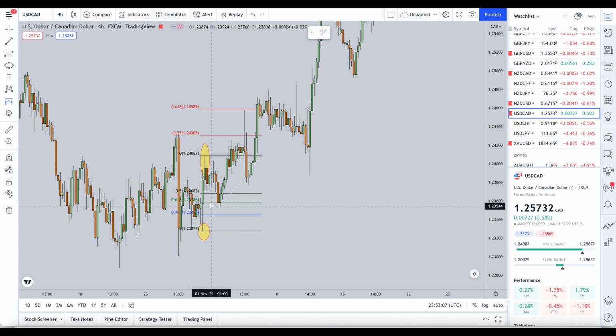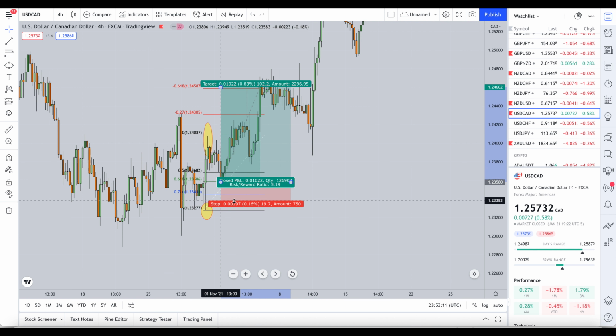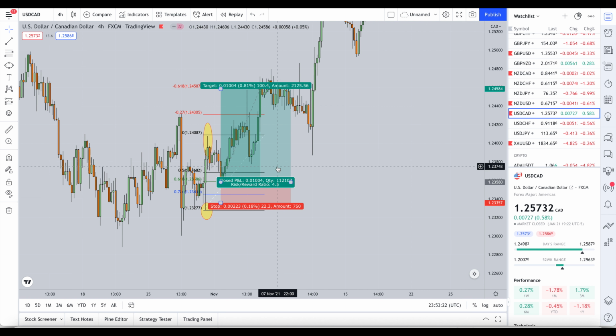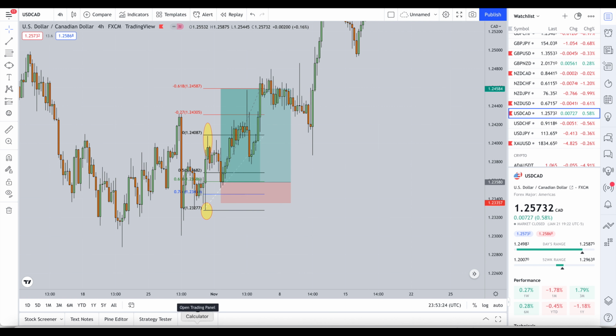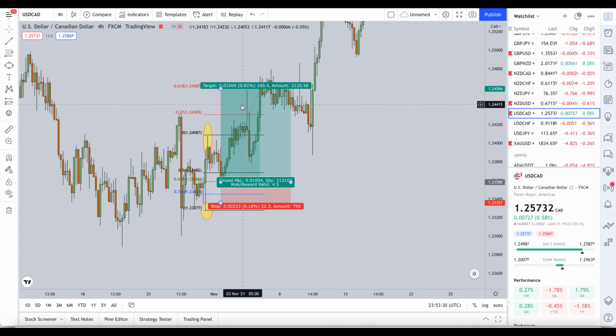So I'm just going to enter a buy position like that, put my stop loss just here below the 0.786 level, and put my TP here, and it's a nice 4.5%. So here we have already 4.5%.